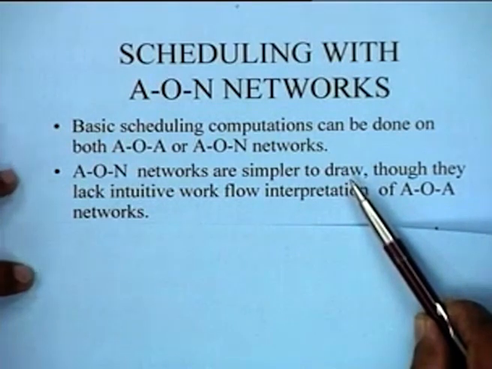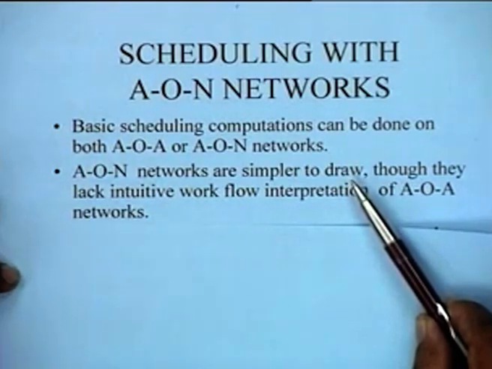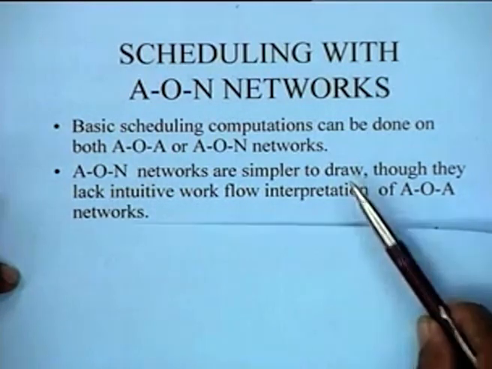As you saw, the AON networks do not require any logical dummies. Given the activities and their predecessor relationships, you can immediately draw the network without any problems. And that is one reason why most computer packages like MS Project and others tend to draw AON networks or precedence networks.